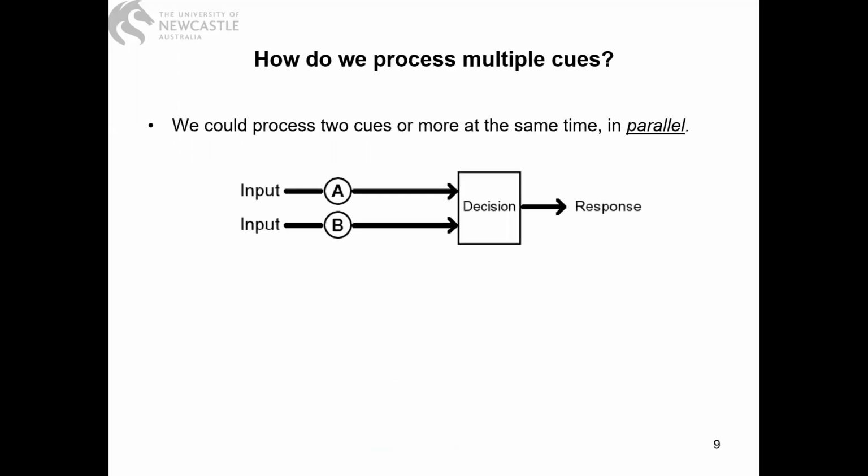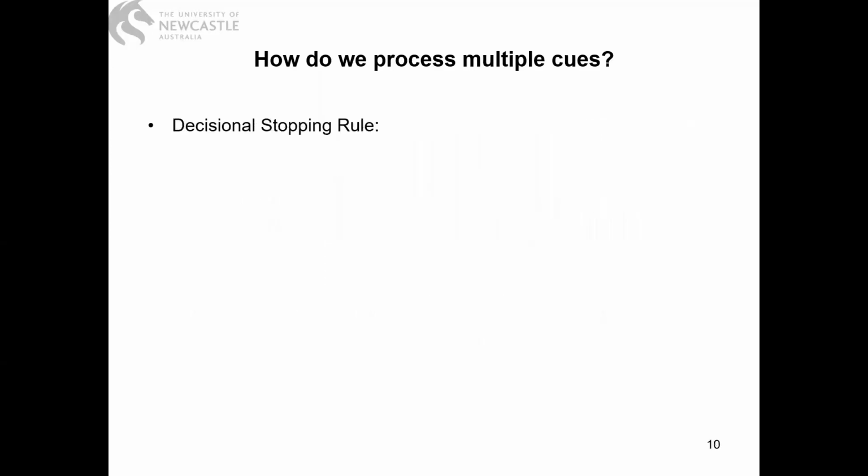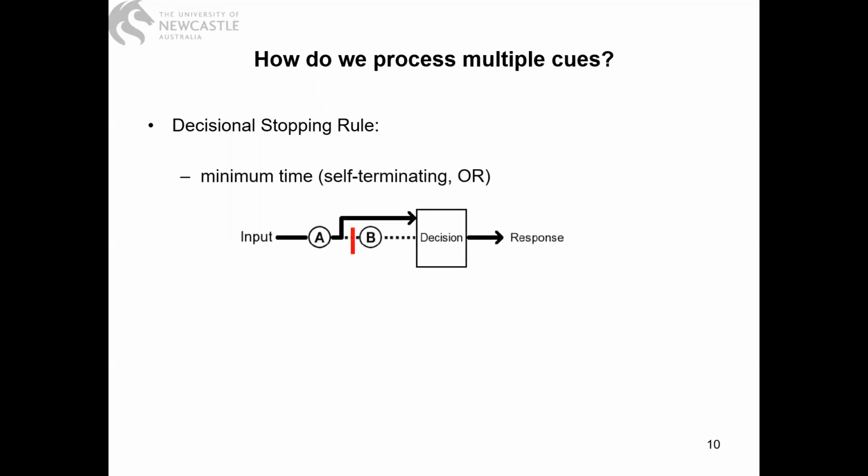How do we process multiple cues? Well, one way to do this is to consider two cues in parallel at the same time. Yet an alternative would be to consider one cue and only then to process the other cue, in what we call serial processing. In addition to the serial and parallel nature of processing, we can ask how much information one needs to process before making a decision.